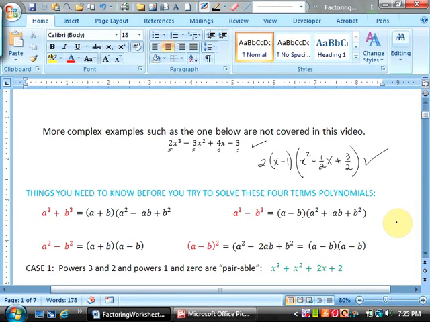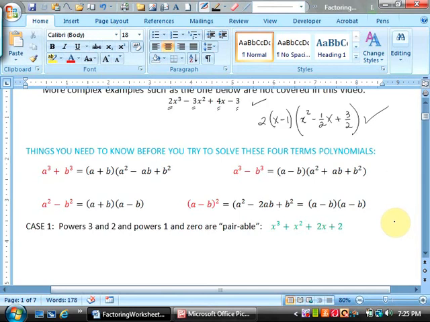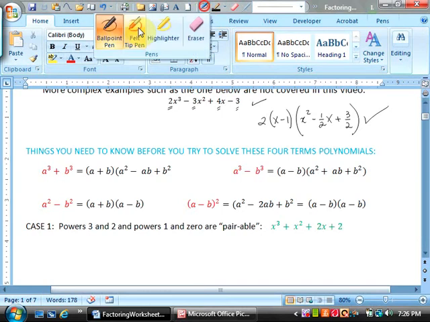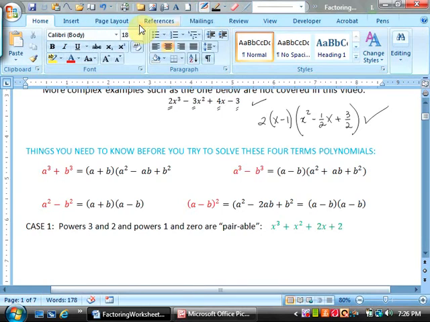So let's see what we need to know before we start. Just a quick review here. There are 4 types of factoring that you need to know before you attempt a 4-term factoring. I listed them here, and these are the case of a cubed plus b cubed. If you have this case, this is the solution.